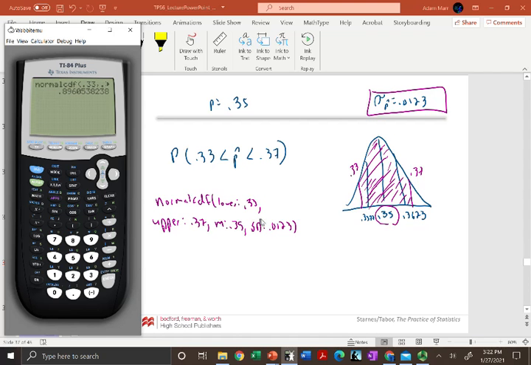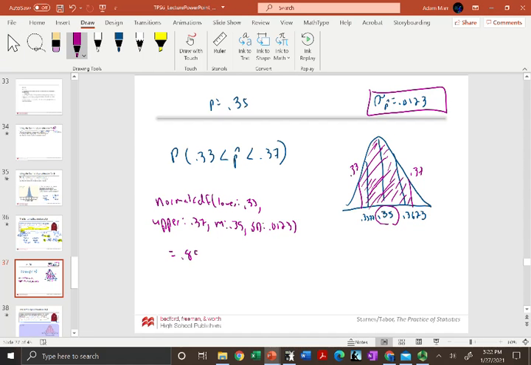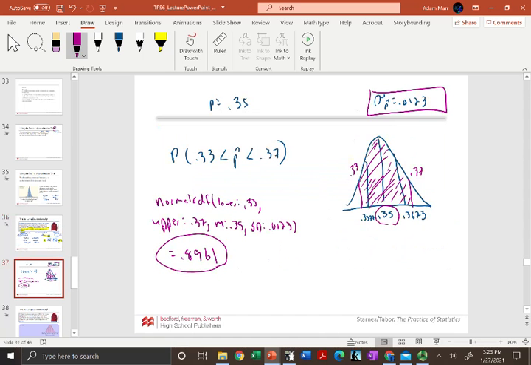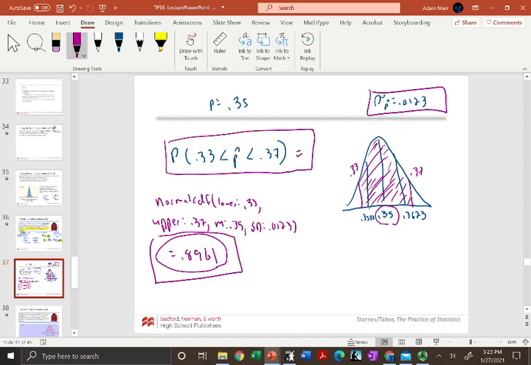And we have our answer: 0.8961 rounded, right? All right, let's make sure the question is answered, but I believe they just asked to find the probability that it's within 2 percentage points of the true value. So the probability that it's within 0.33 to 0.37 is going to equal 0.8961. That's it. Okay, there's our answer right there.